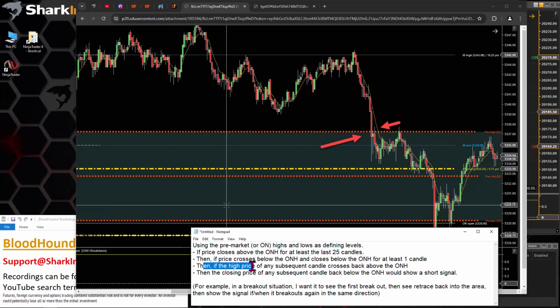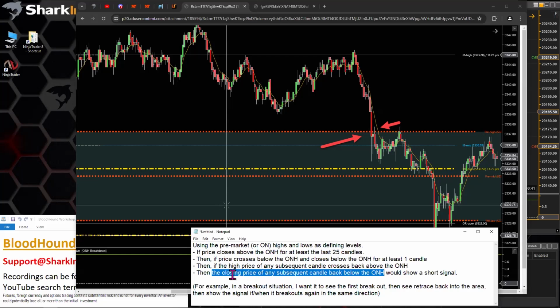So this is if the high price of any subsequent bar crosses back above, or crosses outside that range there. But then the closing price of the next candle is back below the opening range high, right?